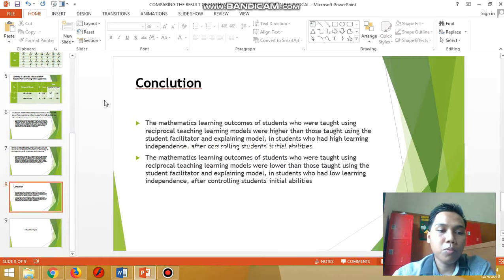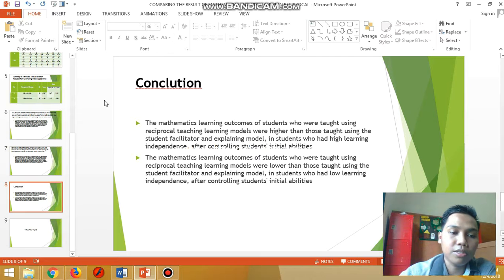Conclusion. Number 1. The mathematics learning outcome of students who were taught using the reciprocal teaching learning model was higher than those taught using the student facilitator and explaining model in students who had high learning independence after controlling student initial ability.